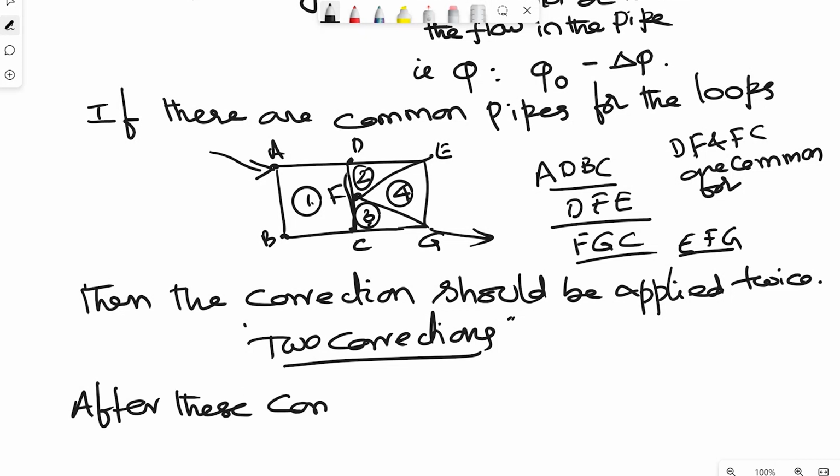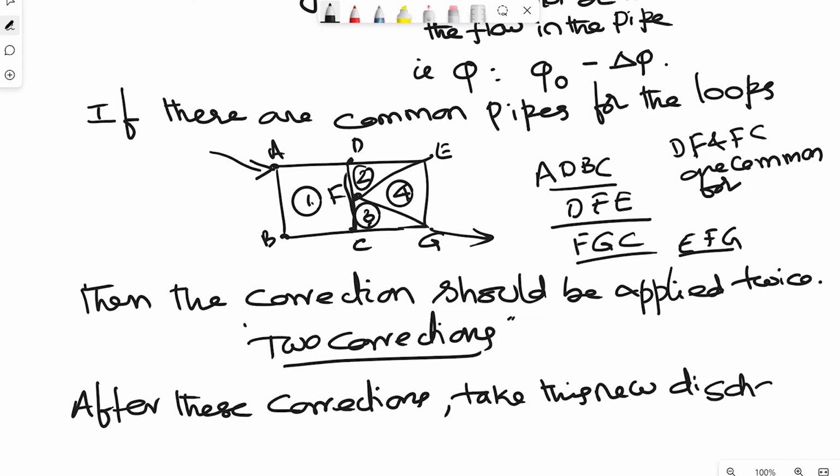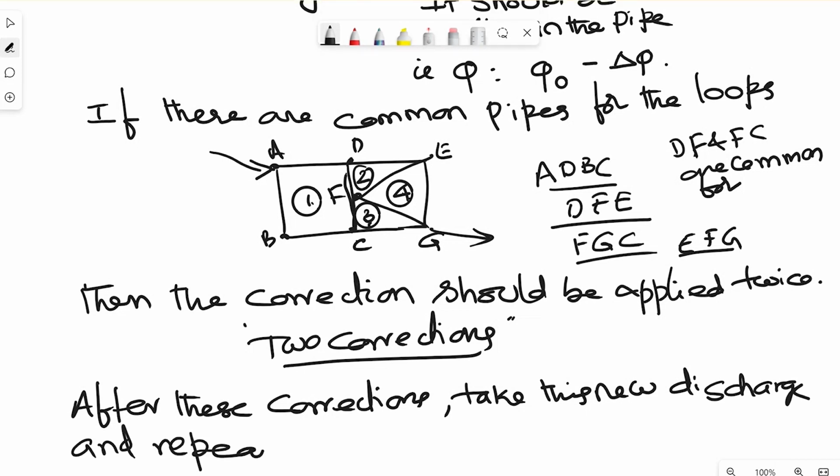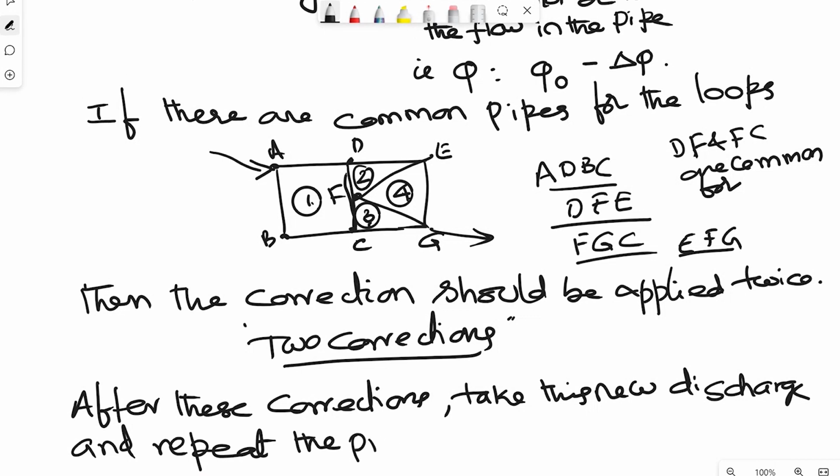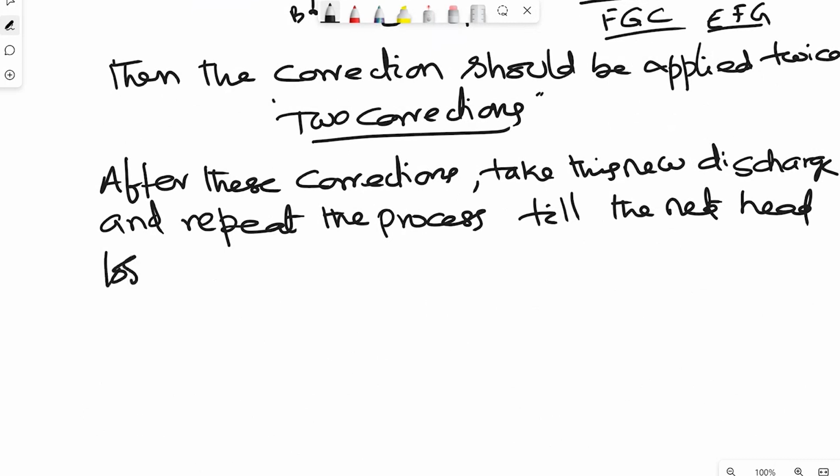After these corrections, take this new discharge and repeat the process till the net head loss in each loop is equal to 0.